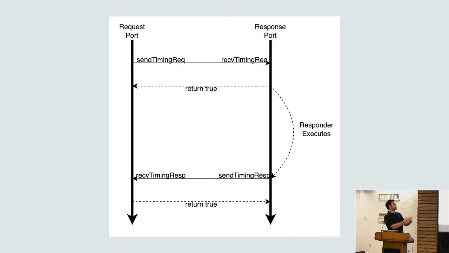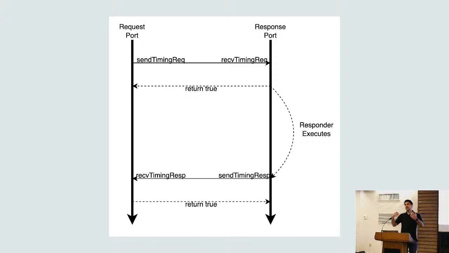If the response port, or the responder, has the bandwidth to receive that request, it will return true so that the requester knows that the request has been successfully communicated to the responder.